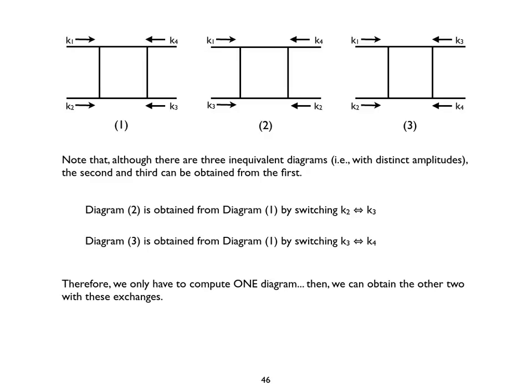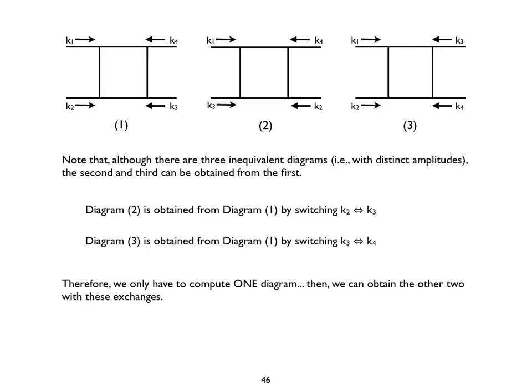So this is a good lesson. You have 3 different diagrams, but they have the same topological form. They all look the same. And actually, you can get one from the other by just exchanging momenta. Like I can get diagram 2 from diagram 1 if I just switch the labels K2 and K3, and so forth.